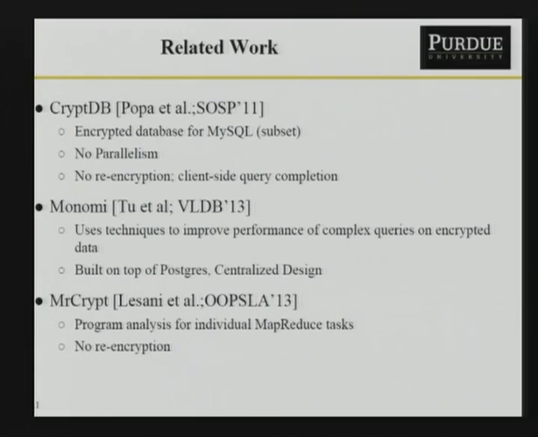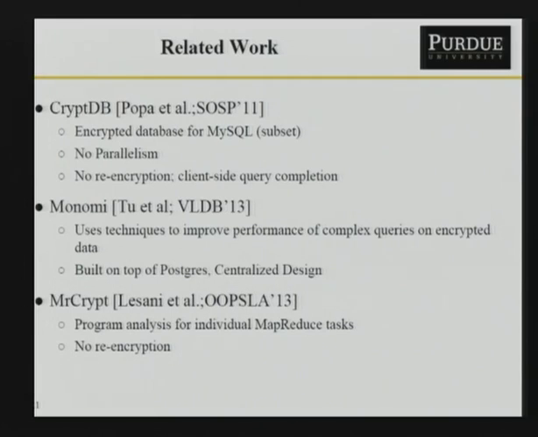CryptDB. The second system here, Monomi, is in many ways an extension of CryptDB in that it introduces optimizations to improve the performance of complex queries. But it's also implemented on Postgres, which also gives it a centralized design.